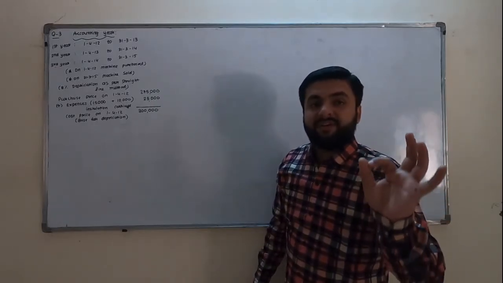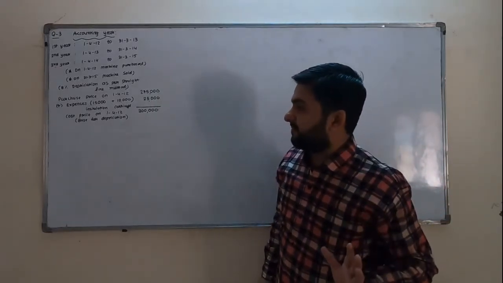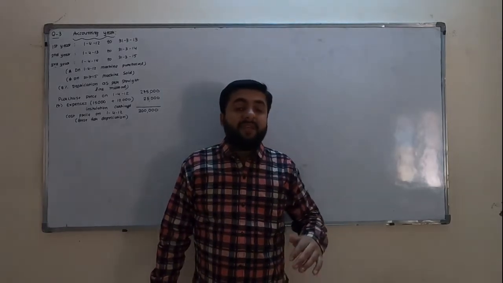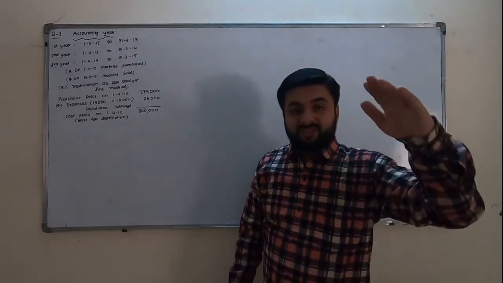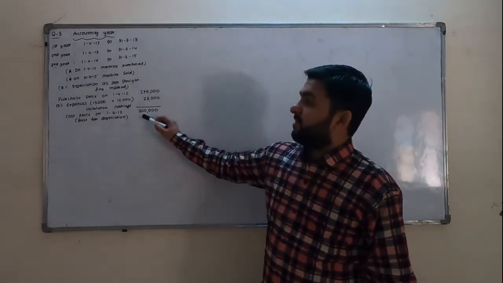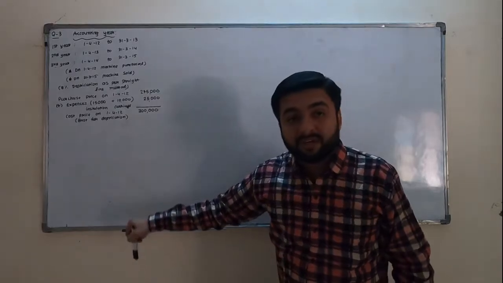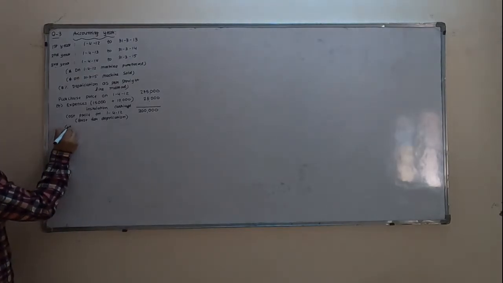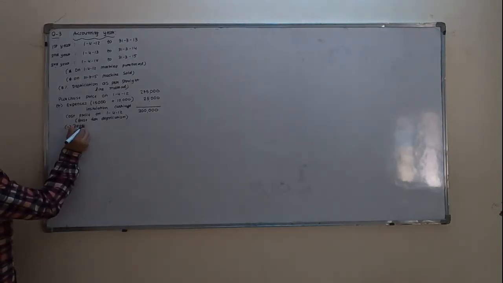Now, as in the previous sum, after charging depreciation the value of machinery comes down every year. So we have to reach from 1/4/12 to 31/3/15 by charging depreciation every year. Charging means subtracting, so minus depreciation.